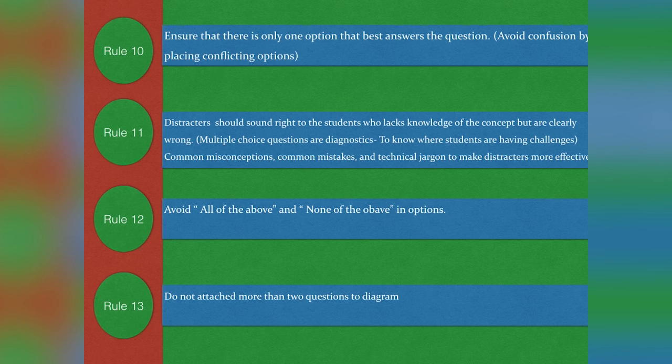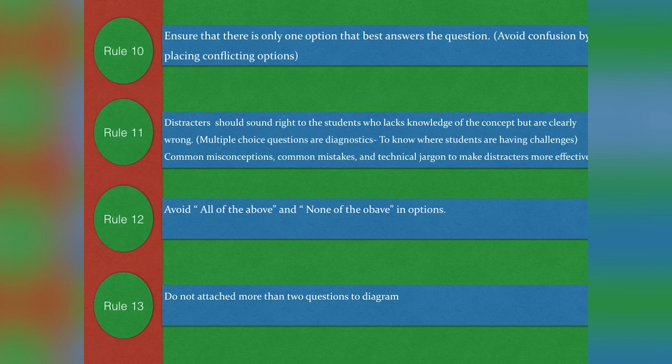Also, rule number 11: distractors should sound right to the student who lacks the knowledge of the concept, and all of that. So when you look at questions, and of course these ones are within the prerogative of the facilitator, if they know what to do, they will be able to do it right.